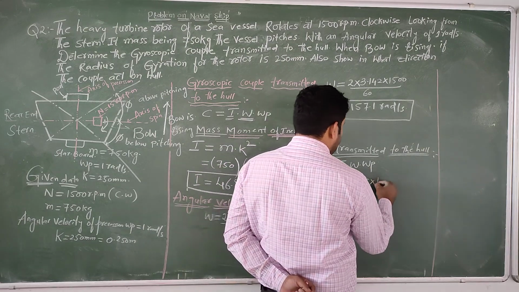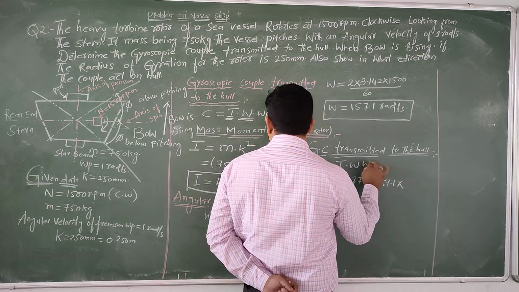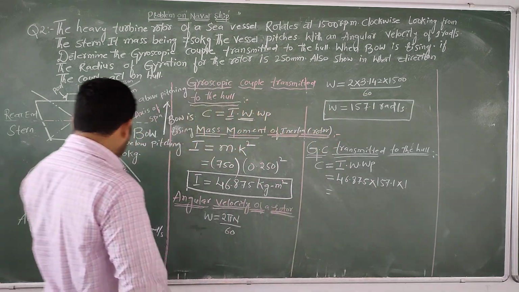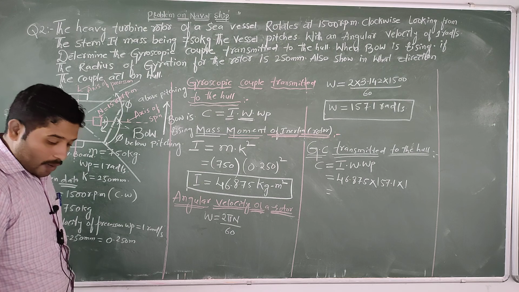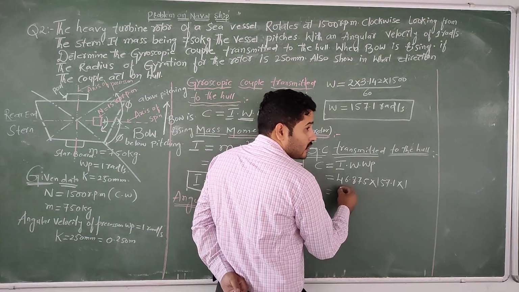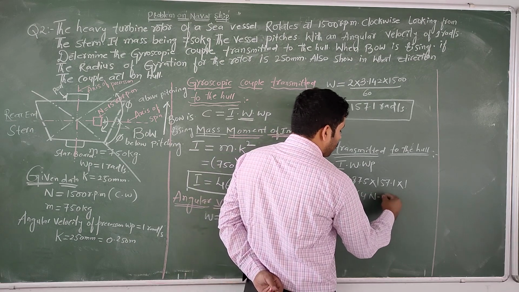Omega value is given as 157.1 radian per second, and omega p is given as 1. Okay, then if you calculate with the help of a calculator, you will get the answer 7364 Newton meter.